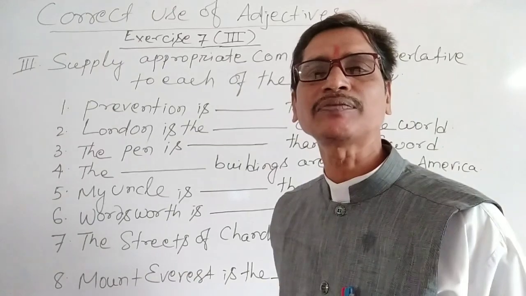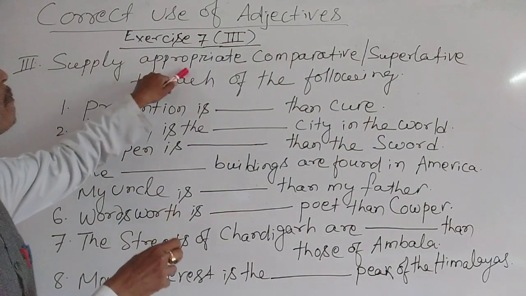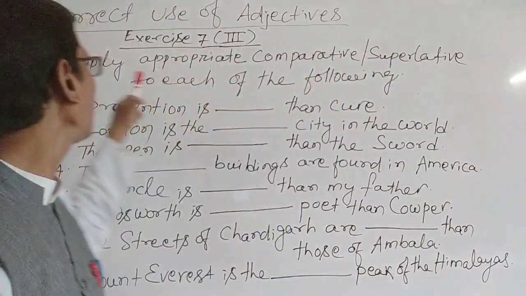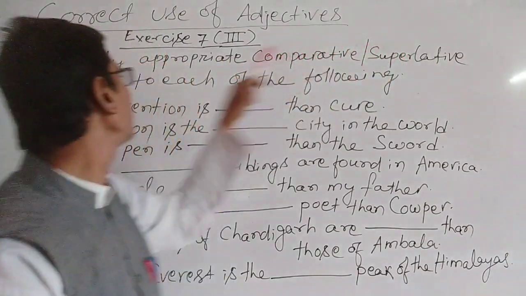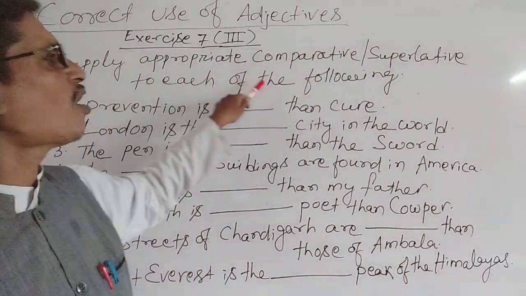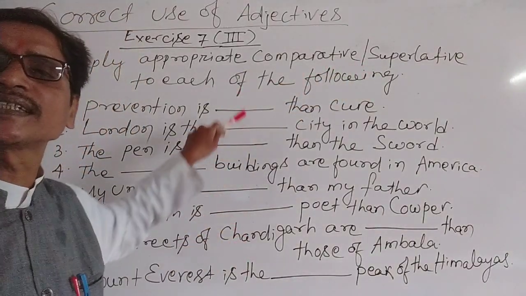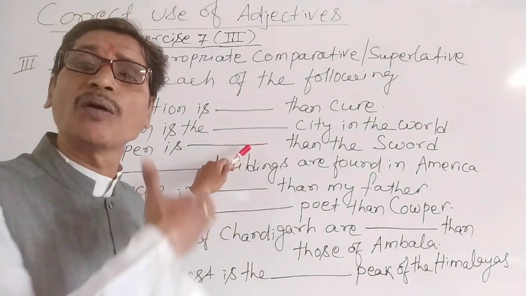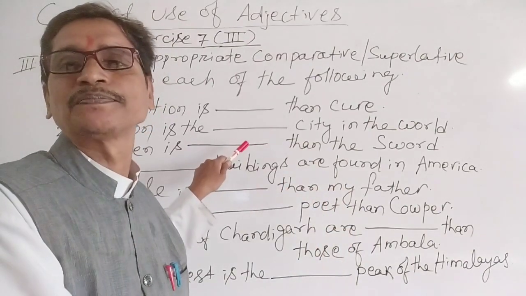Let's understand that at first. Supply appropriate comparative or superlative degrees to each of the following. So we have some sentences given with blank spaces where we have to use either the comparative degree or a superlative degree of an adjective.